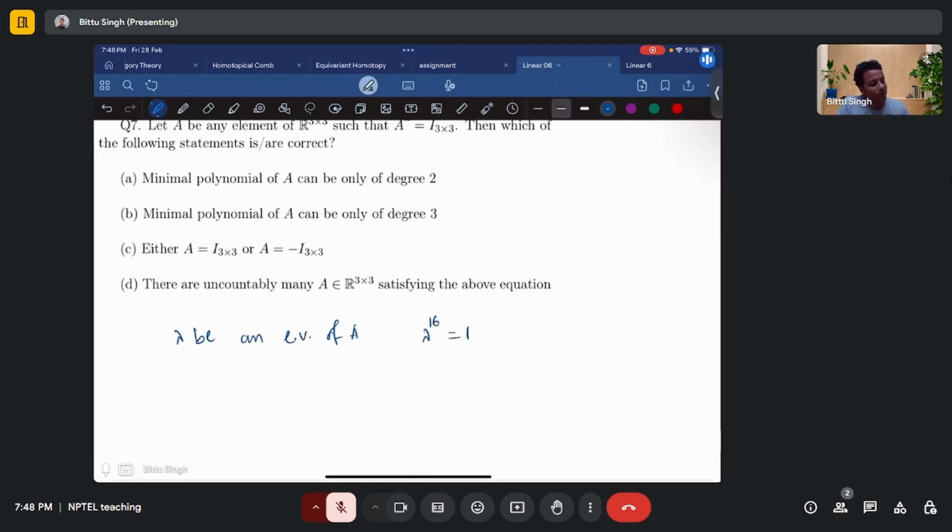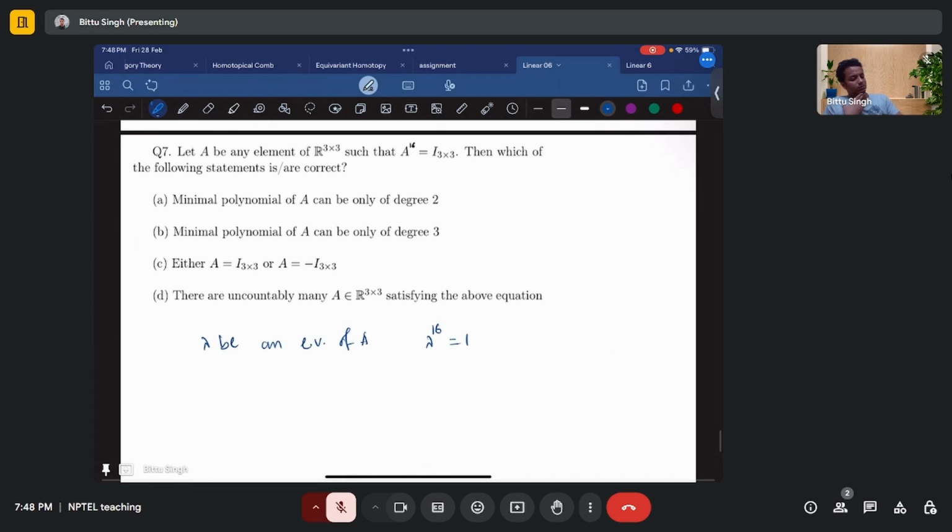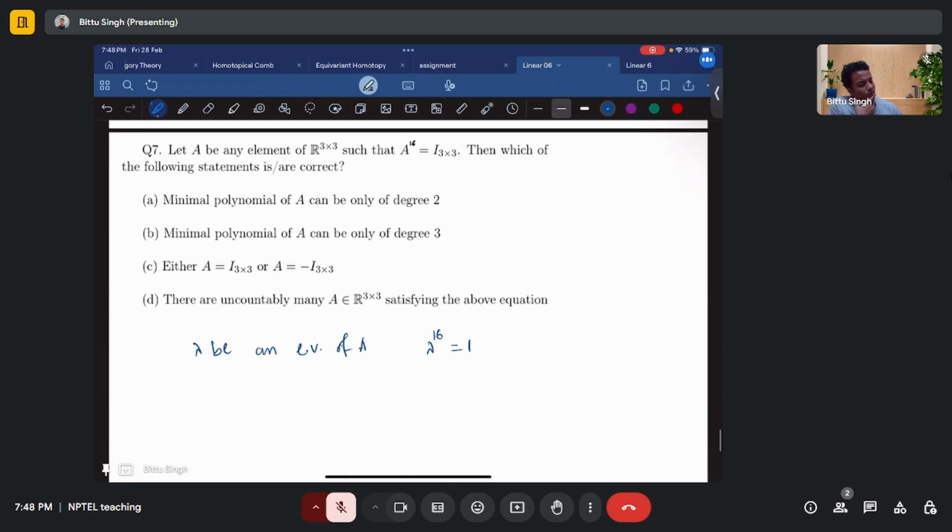Now, the minimal polynomial of A can be of degree 2, can be only of degree 2. This is not correct, right? Why is this not correct? Because this also can be a minimal polynomial.